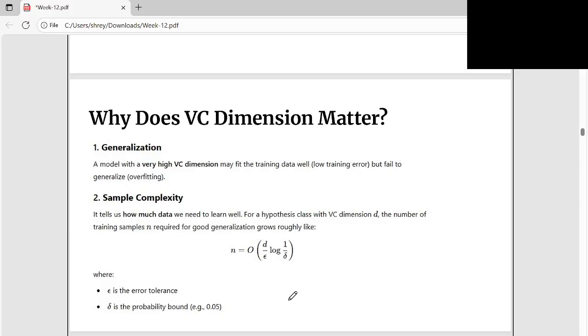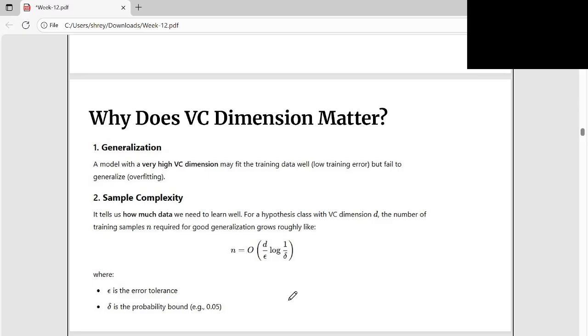Because a model with very high VC dimension may fit the training data well. It's so simple. Let's say there are n samples, and I am saying some hypothesis class has a VC dimension of 30,000. It means it can easily classify 30,000 samples, right?